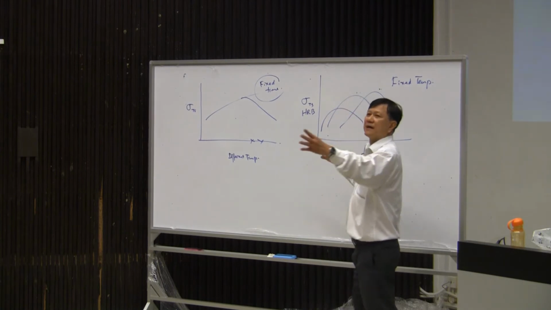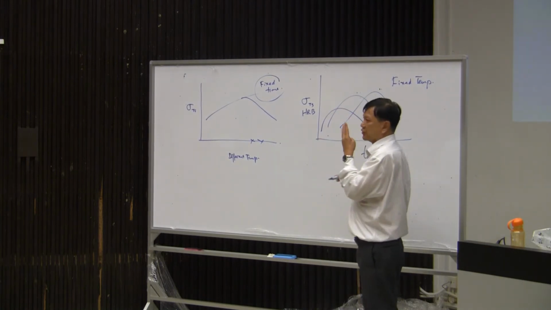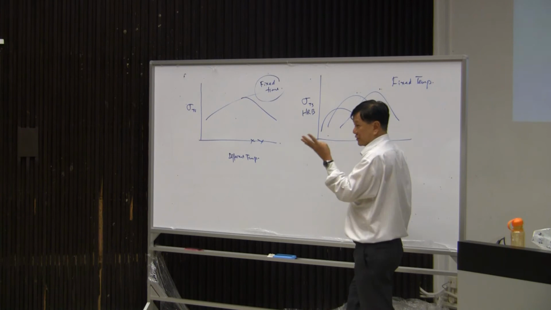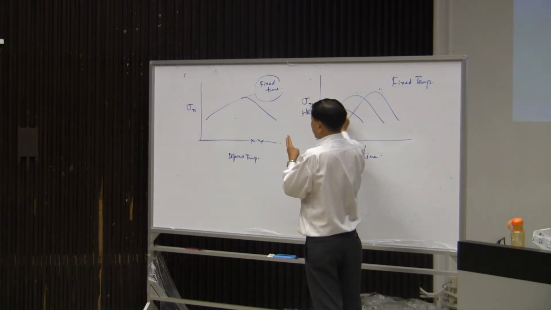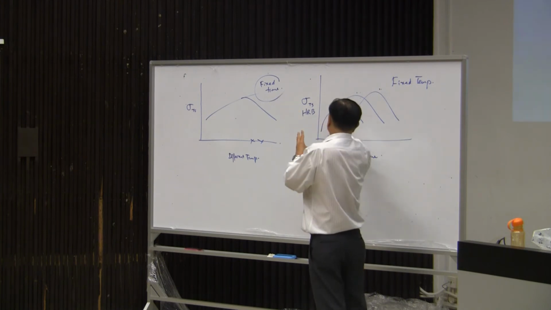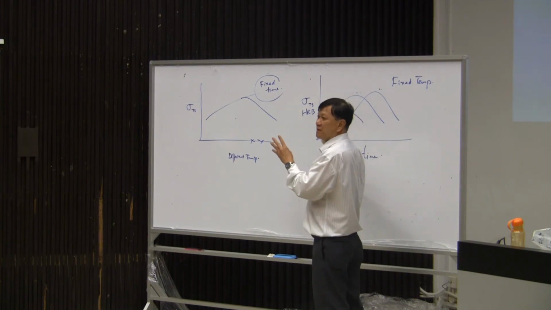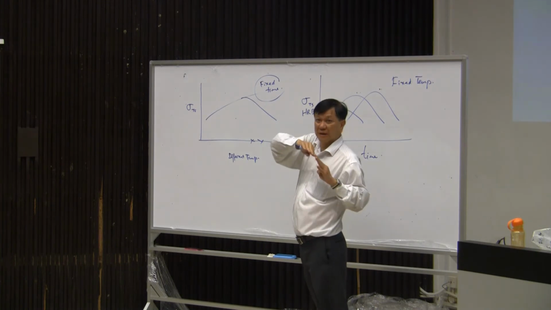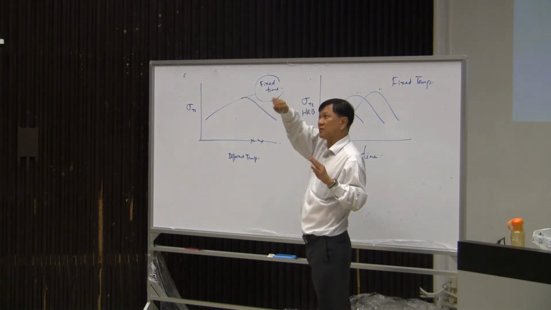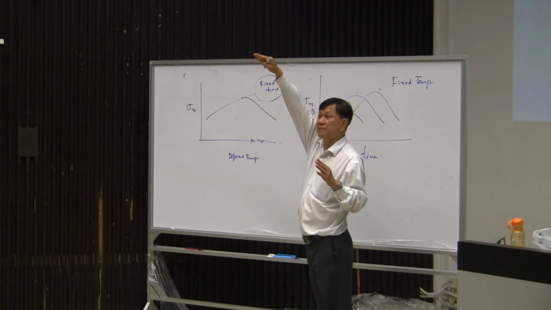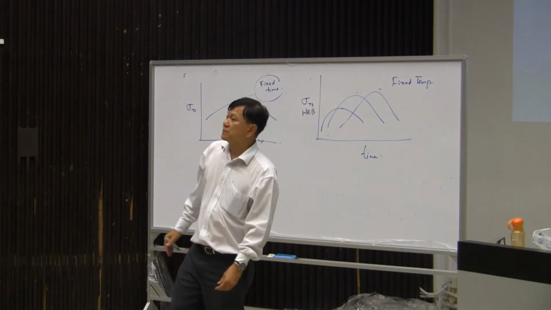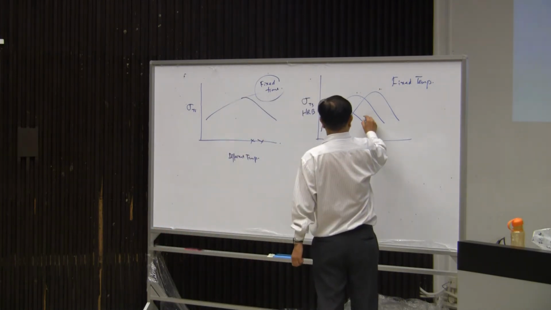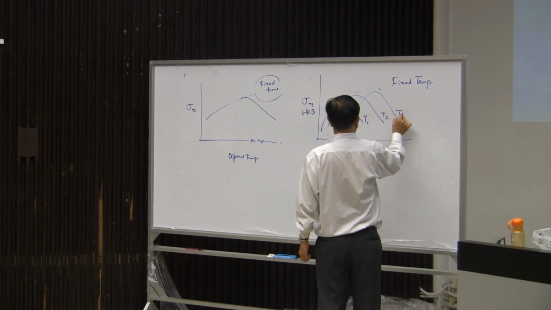You will notice that if I use high temperature, I will achieve my maximum very fast, but after that I will also come down very fast. If you use a lower temperature, it takes longer to achieve the optimum, but the optimum I achieve is usually higher. So you can have T1, T2, T3.